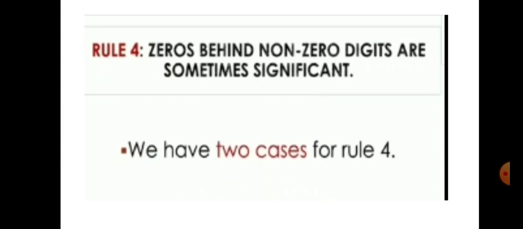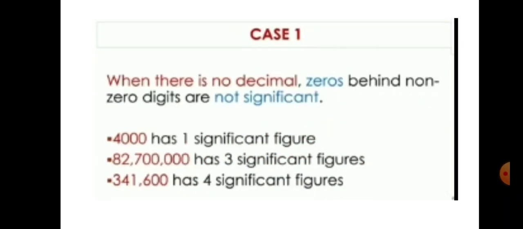Now we come to rule number 4. The 0s behind the non-zero digits are sometimes significant. So we have 2 cases in rule number 4. Now we come to case number 1. In case number 1, we study that when there is no decimal, the 0s behind the non-zero digits are not significant.